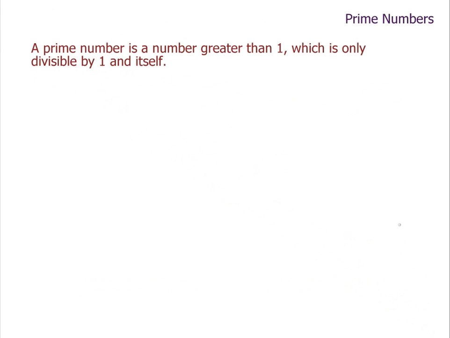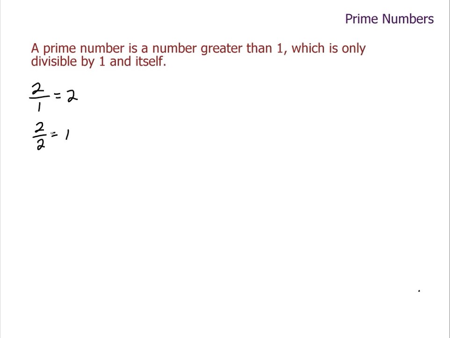All right, a prime number is a number greater than 1 which is only divisible by 1 and itself. The first prime number is 2. And by the definition, it should be only divisible by 1 and itself.